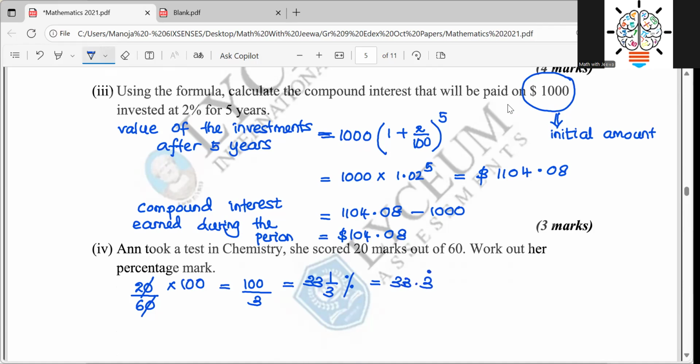We don't give 33.3 recurring percent. You can say 33 or 33.5. The closer value is 33%. So then we will move to the next one.